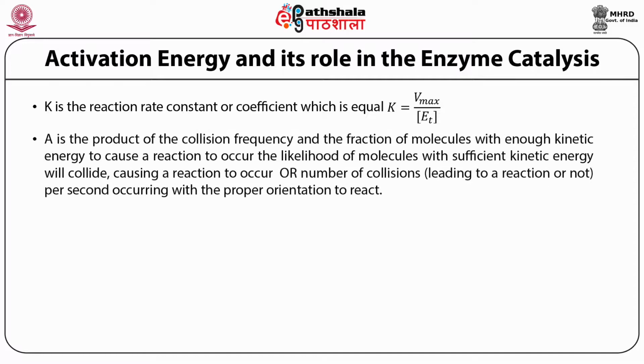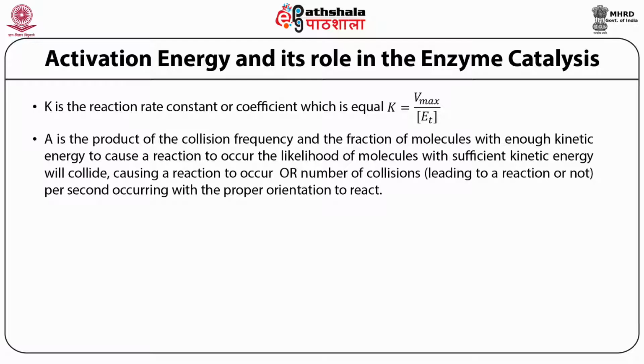A is a product of collision frequency and the fraction of molecules with enough kinetic energy, which causes a reaction to occur with the likelihood that a molecule with sufficient kinetic energy will collide and cause a reaction.